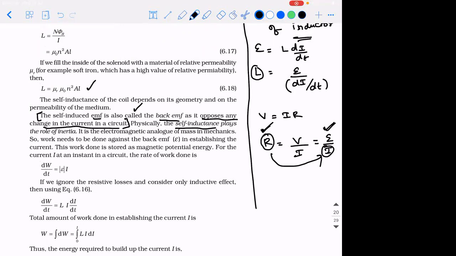Look at the expression and tell me which will oppose what? What is inductance inversely proportional to? Change in current with time. It is inversely proportional to di by dt.